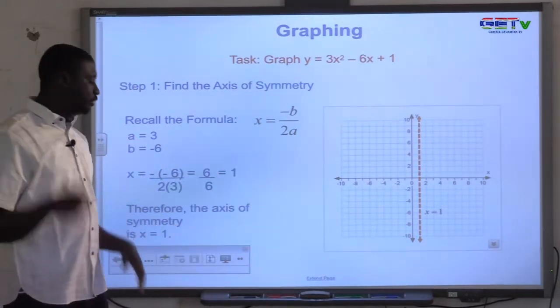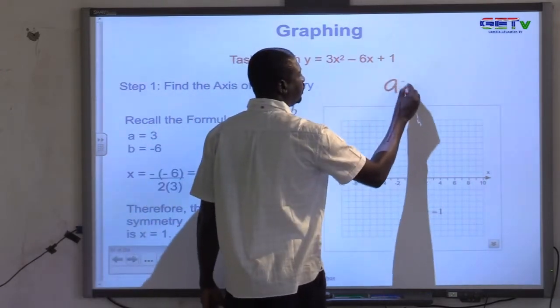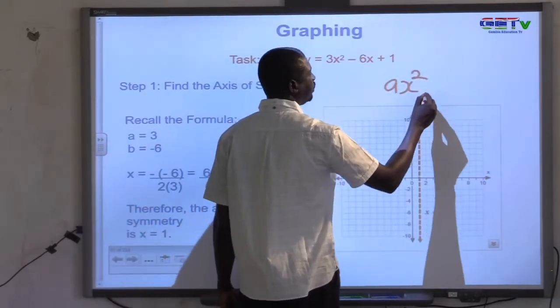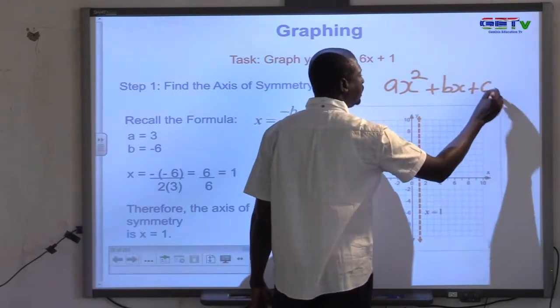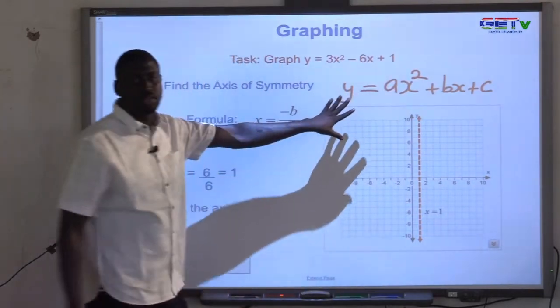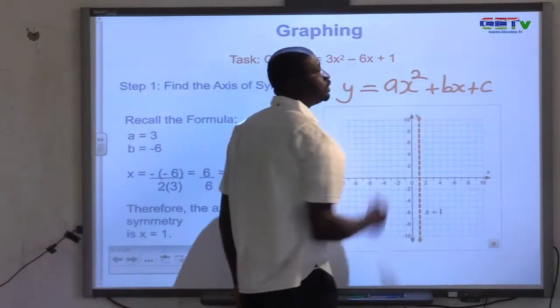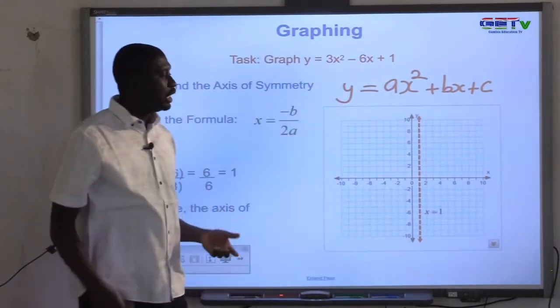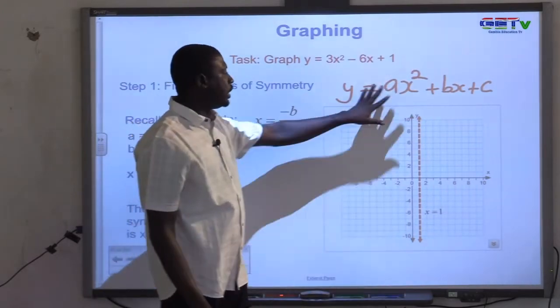The general formula of a quadratic function is ax squared plus bx plus c equals y. This is a quadratic function, the general formula of a quadratic, where a, b, and c are real numbers, and a must not be 0. If you get this, you get a quadratic function.